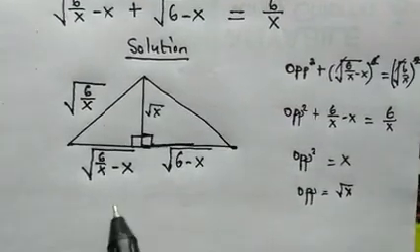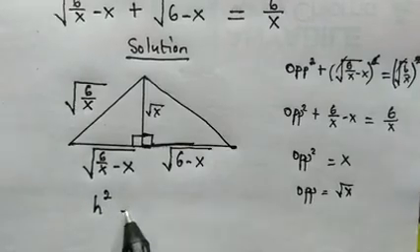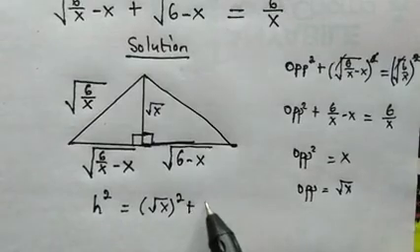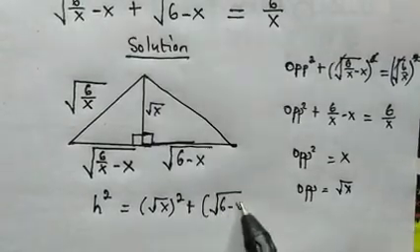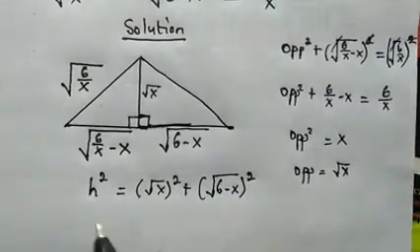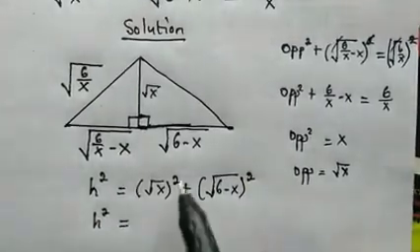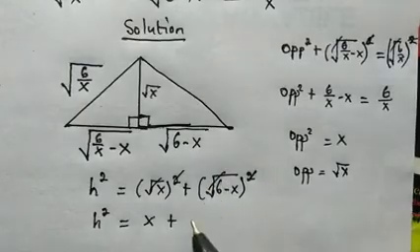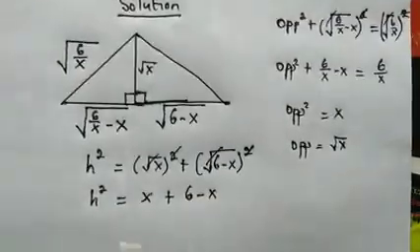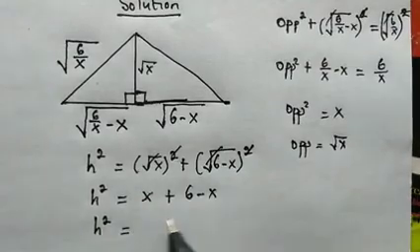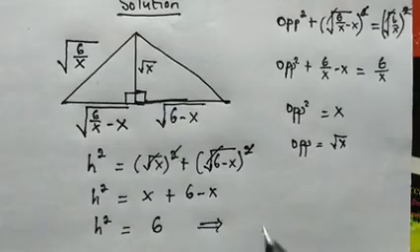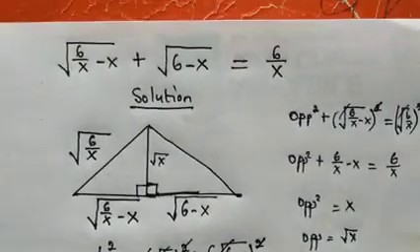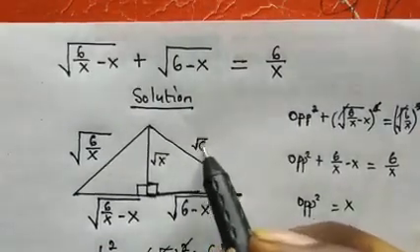Then according to the Pythagoras theorem again, we get that h squared will be equal to the square root of x squared plus the square root of 6 minus x squared. We get here h squared is equal to, we cancel the square root, x plus, we cancel the square root, 6 minus x. Here we get h squared is equal to 6. From here, this implies that h is simply the square root of 6. So therefore, this part here is the square root of 6.